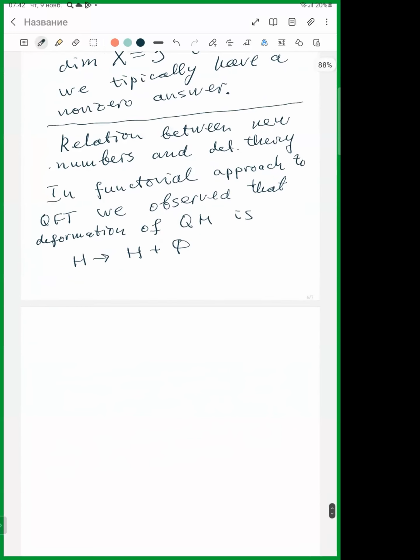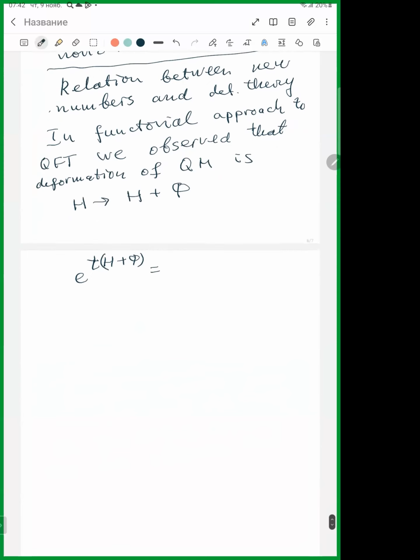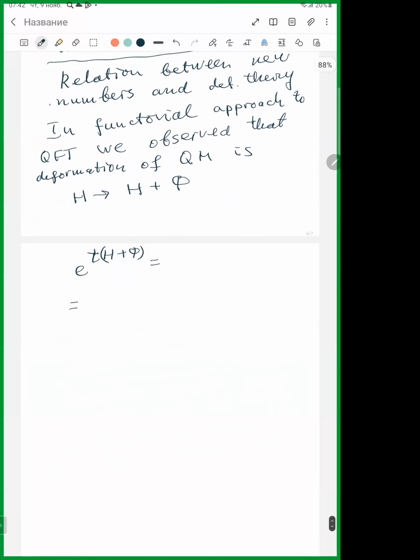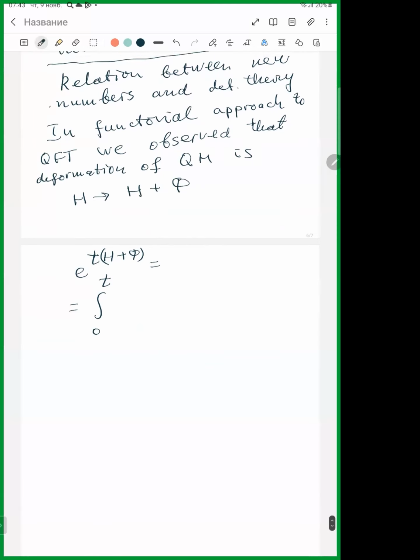And there was a nice formula. It was actually a decomposition.